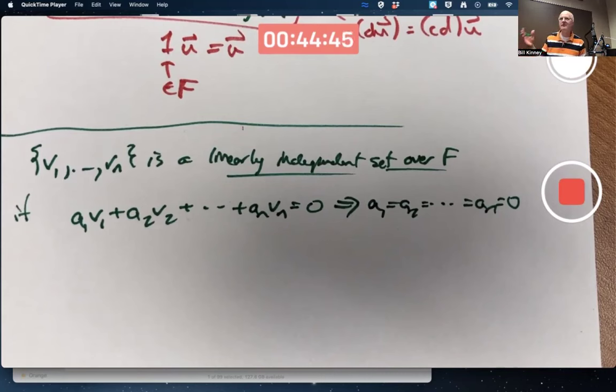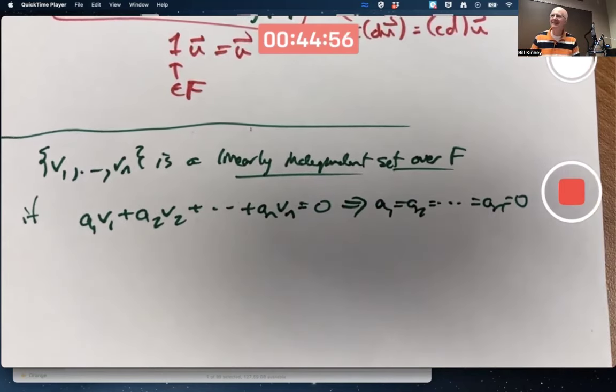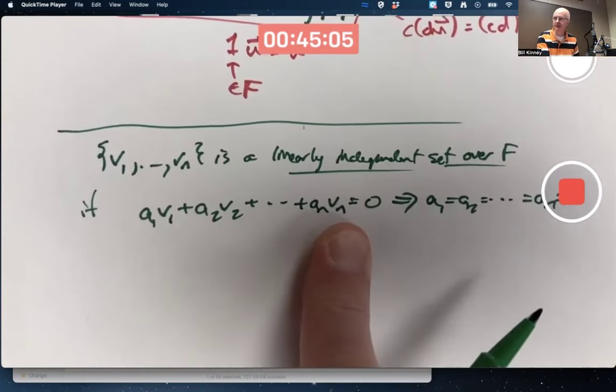And then you said linear dependence, a set of vectors was linearly dependent if this is not true. Meaning, there are some non-zero scalars for the A's that make this linear combination equal to the 0 vector.